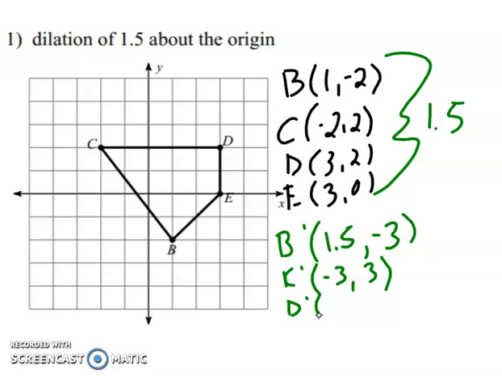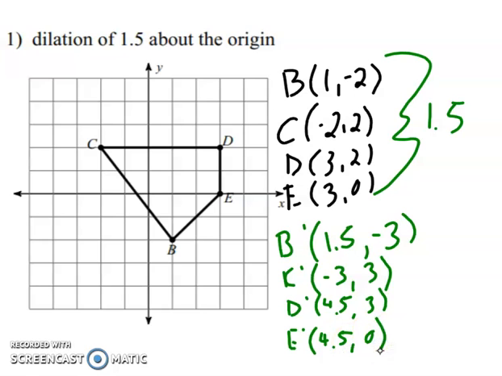D prime, 3 turns into 4.5, and 2 turns into 3. Remember, we're just multiplying by 1.5, and 3 again turns into 4.5, 0 stays as 0.